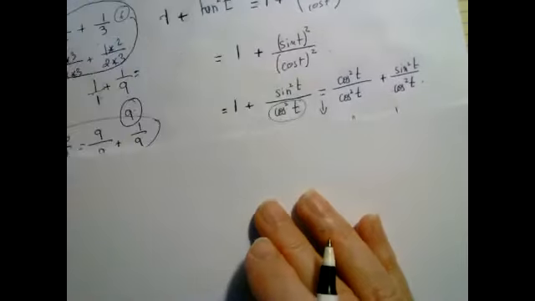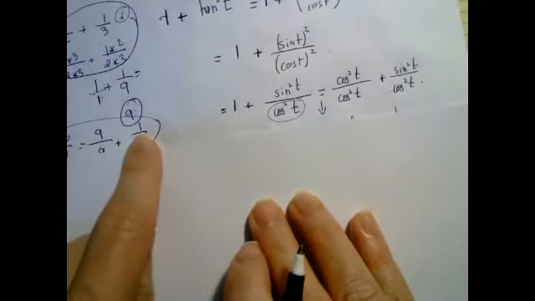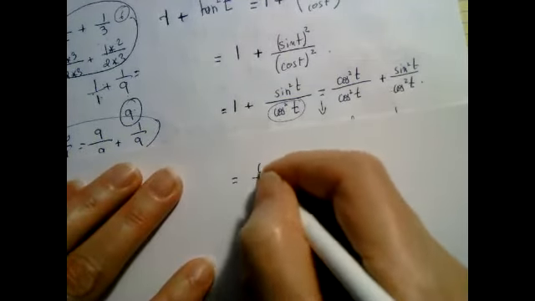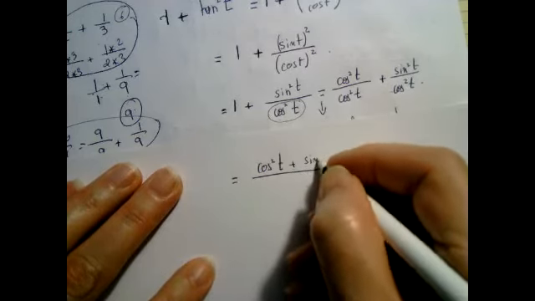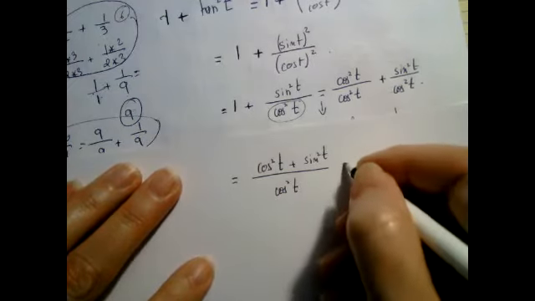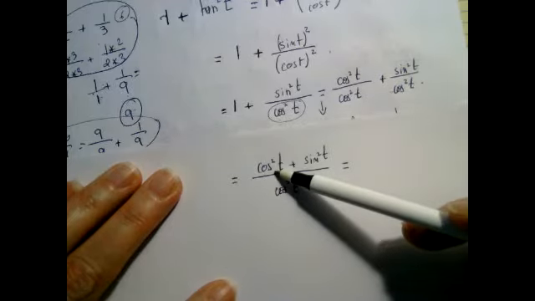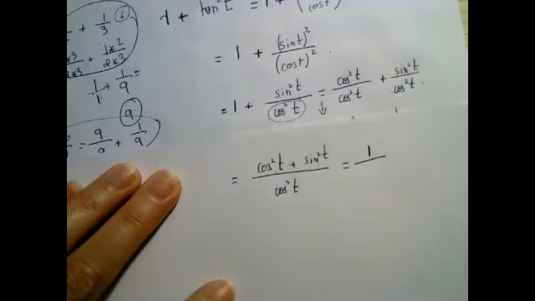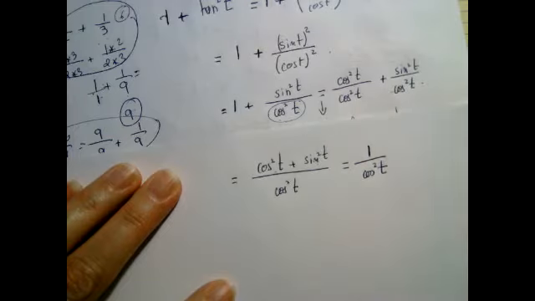Now, why do we find a common denominator? We find a common denominator so we can combine numerators. So this is going to be equal to cosine square. I'm combining the numerator now over the cosine square. And now what do we get? Cosine square plus sine square, that's the famous Pythagorean, over the cosine square of t.